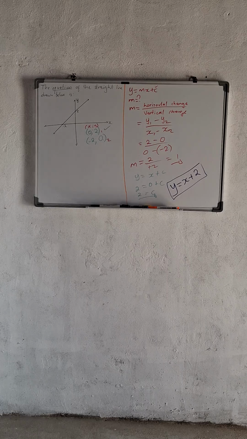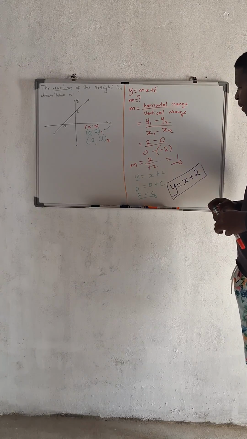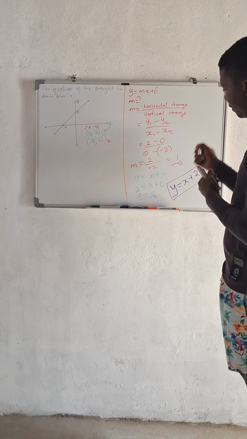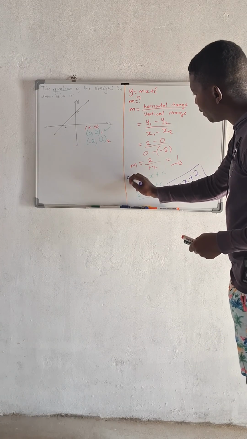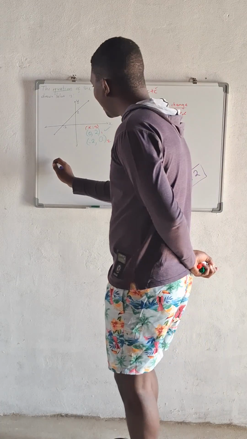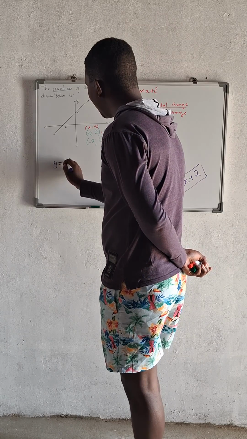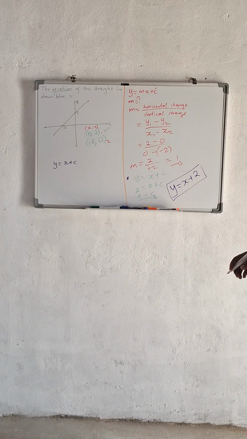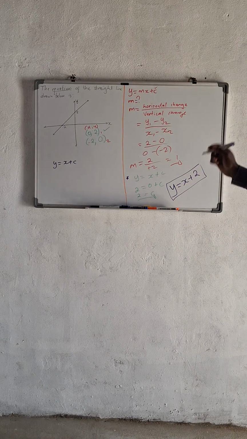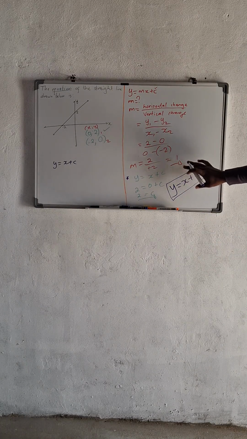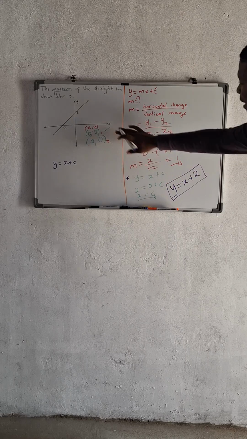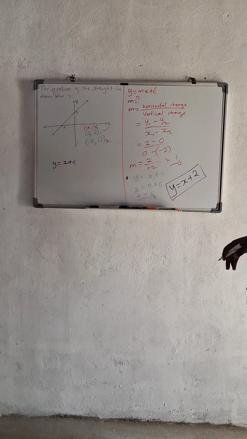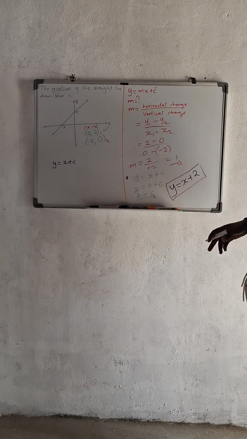Now, again, let me drill this again. Remember from here we found our gradient. Our equation was y is equal to x plus c, because we found our gradient to be 1. Again, now to find c, I told you before, there is another method other than just substituting a point. Instead of x and y, you put any coordinate there.